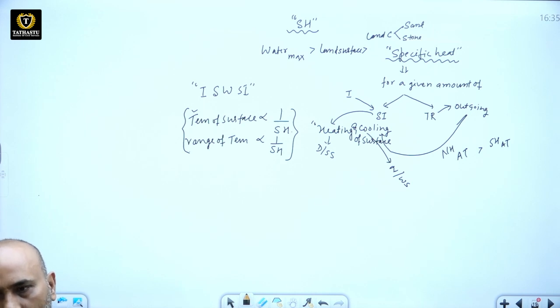Next point, range of temperature, or fluctuation in temperature, increases from oceanic surface to continental surface. So what is the conclusion?